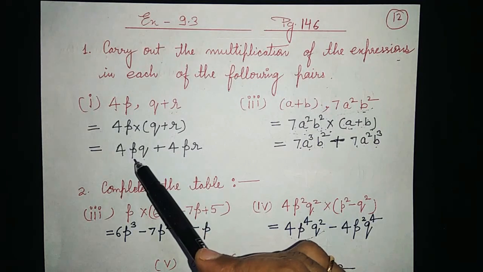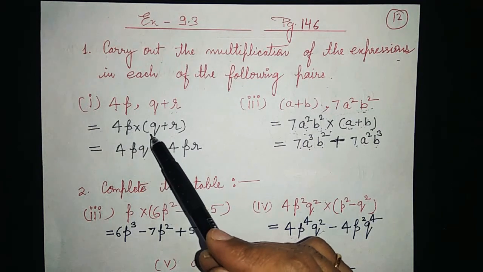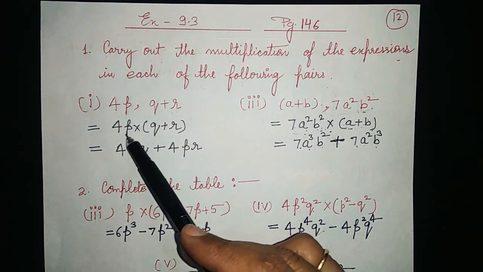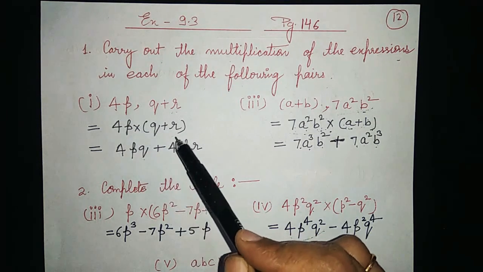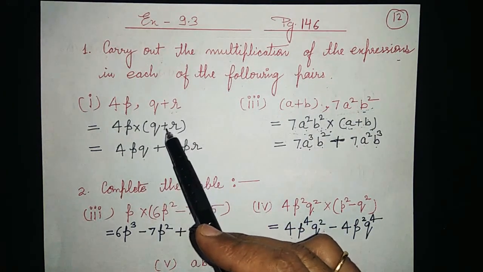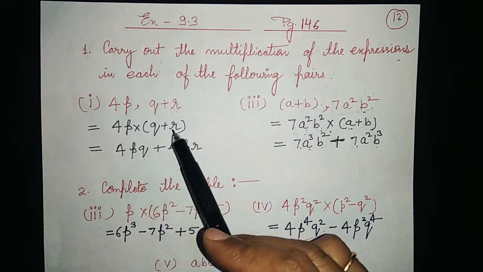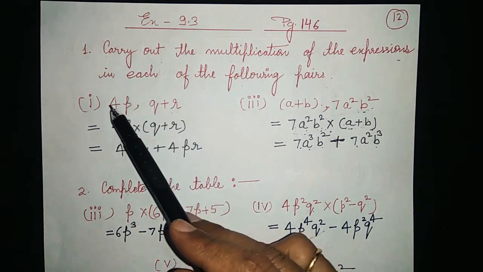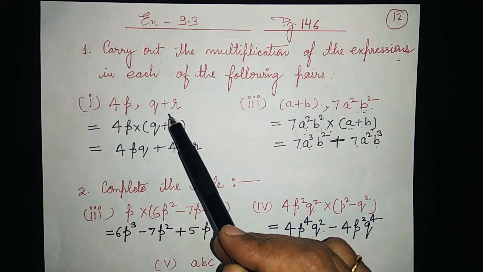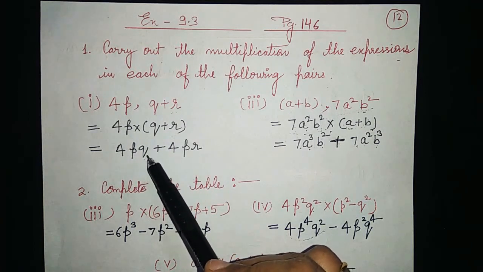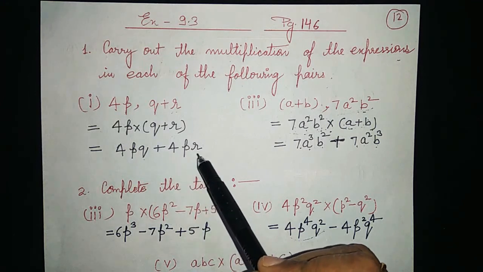Then, what we will get? 4pq. Okay? Now, we will multiply this 4p by this r. Then, we will get 4 into 1, 4 and this p into r, pr. So, the result of multiplication of 4p and q plus r is 4pq plus 4pr.